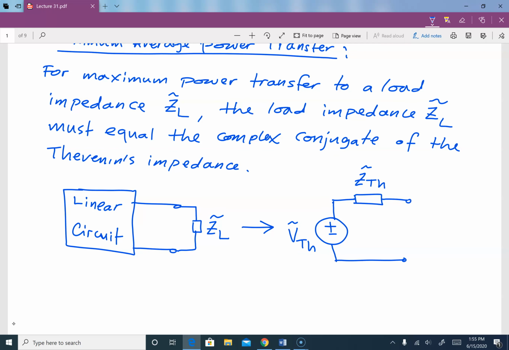So this is the Thevenin equivalent circuit, and that is our ZL back there.